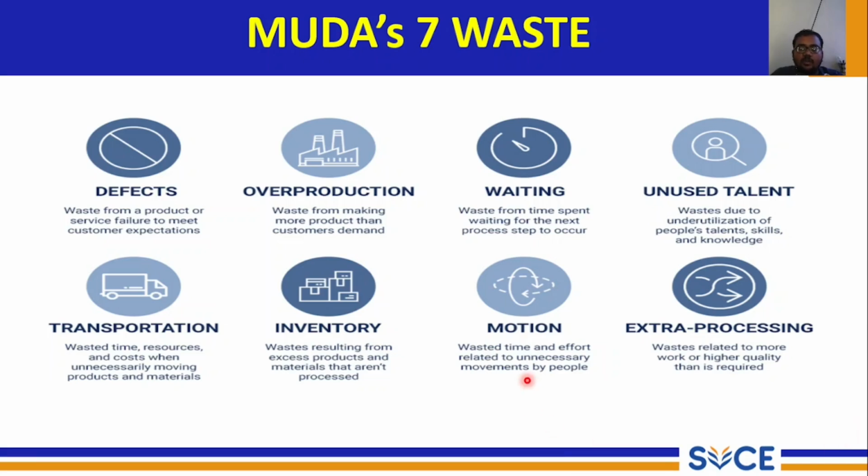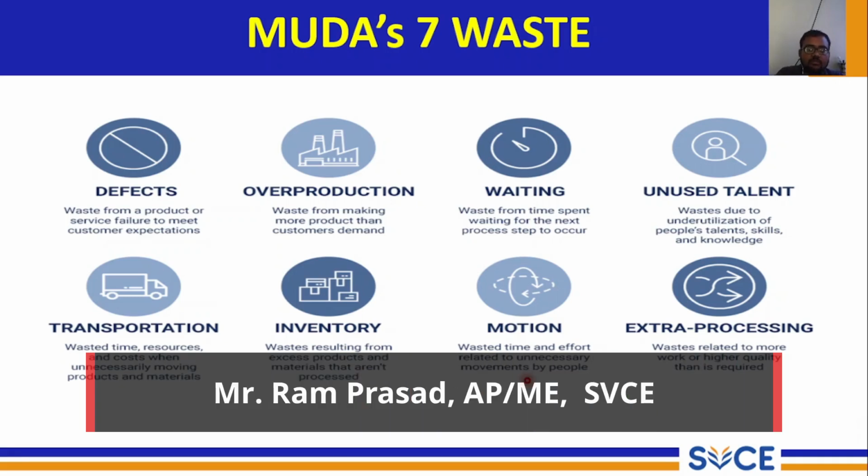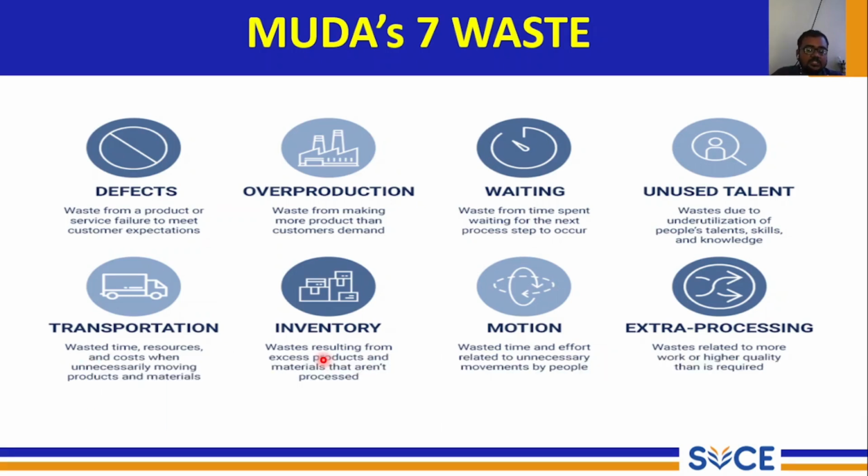And any unwanted movement of materials and people within the workplace, within the factory, or within the plant, you consider that to be a waste again. And additional inventory or even lesser inventory which is stocked or piled up is also considered to be a waste. Then the waste about transportation: unwanted transportation of resources, or when moving products and materials.